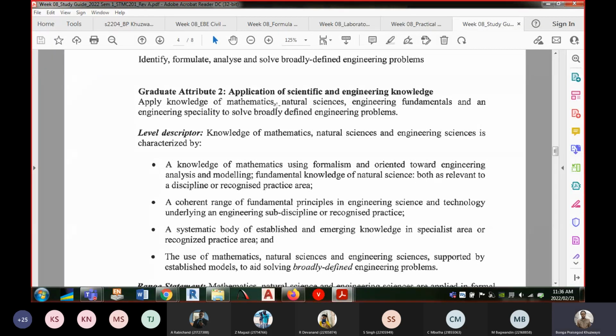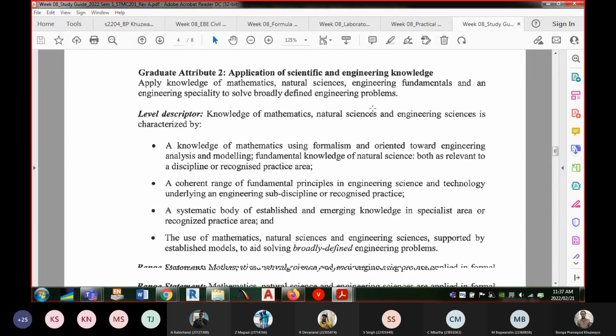There you will have to apply the knowledge of mathematics to quantify that area. Maybe you'll use that area to do something else. Natural sciences, engineering fundamentals, and an engineering specialty are used to solve broadly defined engineering problems.